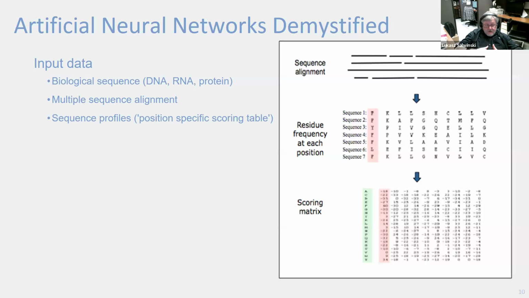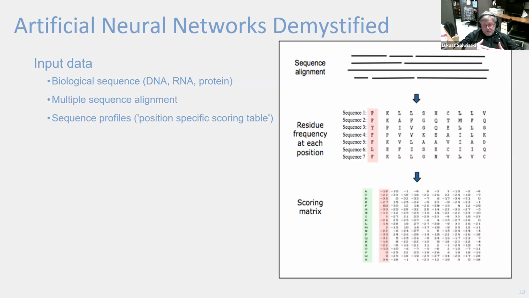Now, in our case, what could be the input data? Well, the simplest case is we can take a sequence. We can take just a sequence of DNA or a sequence of RNA or a sequence of protein. This is the simplest possible input. It's got to be somehow converted into numbers.